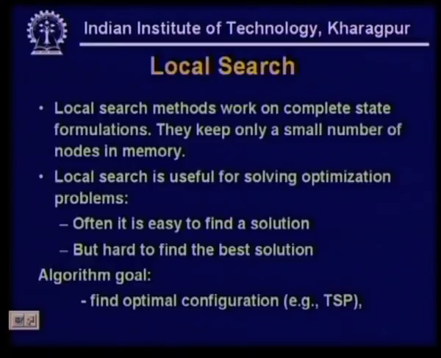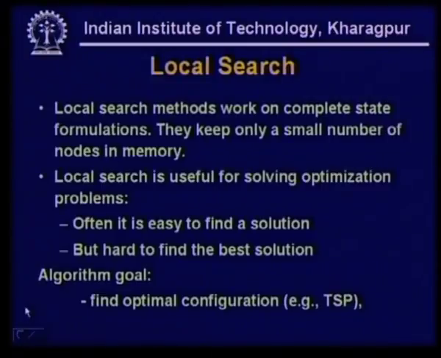Local search methods are used in a class of search problems where we need not have an optimum solution. There are problems where we need a solution and we can get a solution which may not be the optimum solution, but we can get it in limited time.